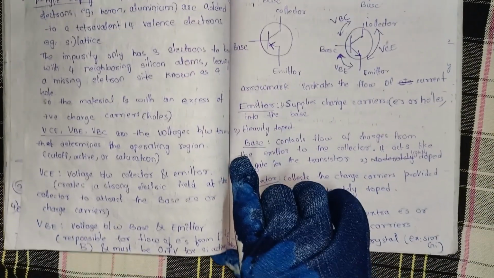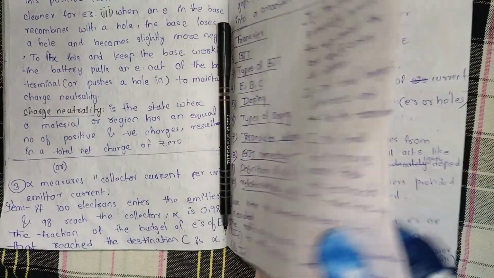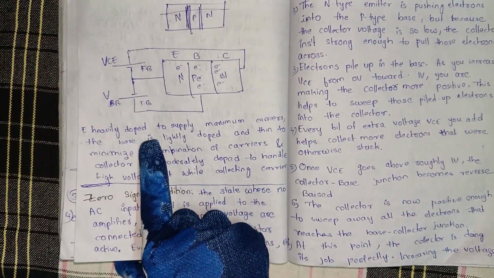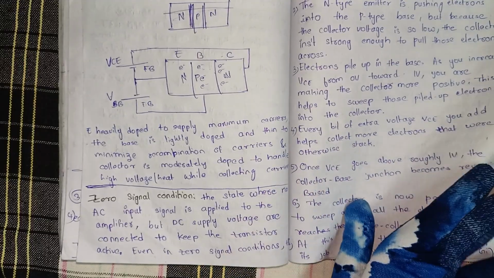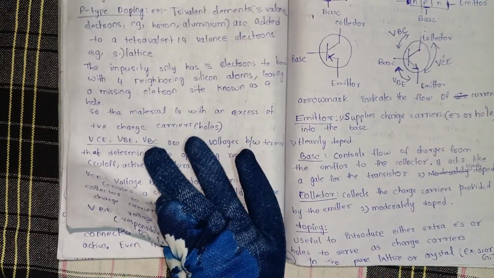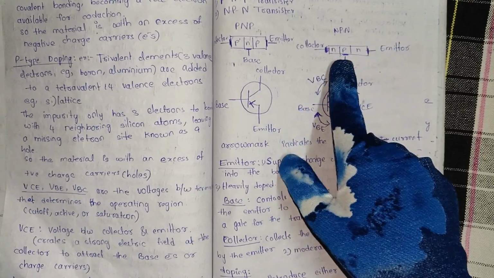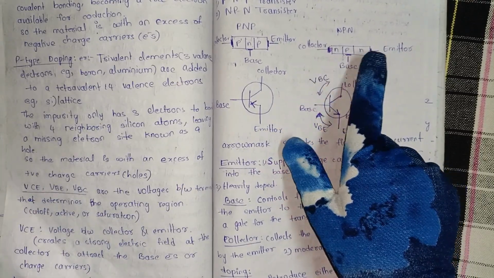So then we will see why it is heavily, lightly, and moderately doped respectively. Because the emitter is heavily doped to supply maximum carriers. So here, for example, in NPN transistor BJT, the collector and emitter are of n type.